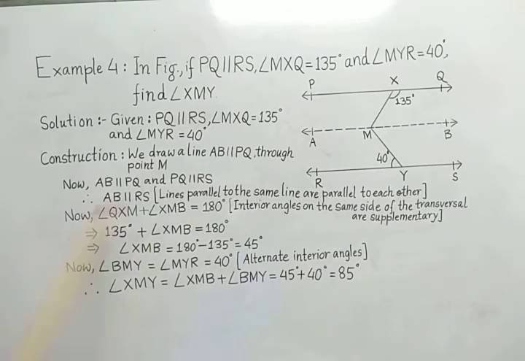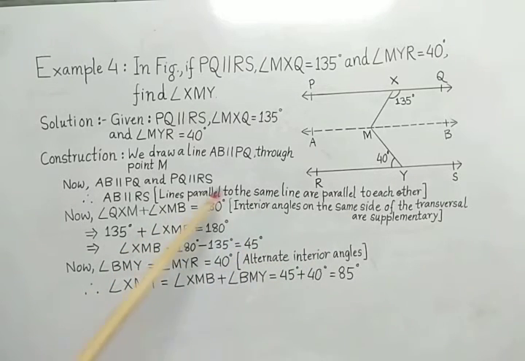So can we say that AB is parallel to RS? Yes, we can. Since we already got theorem 6.6 in the previous class, that lines parallel to the same line are parallel to each other.